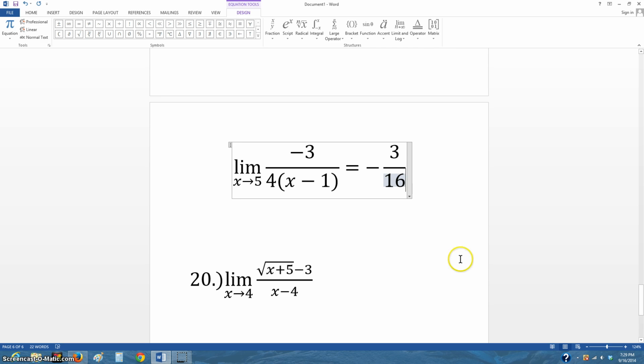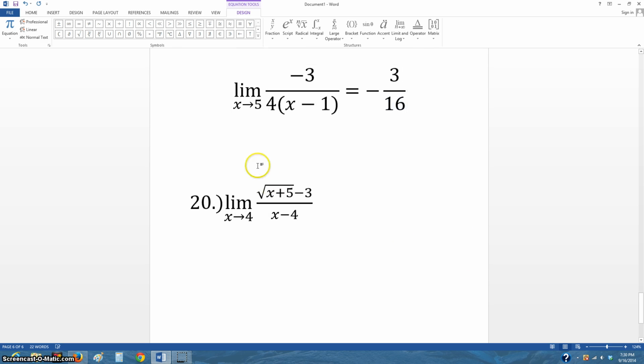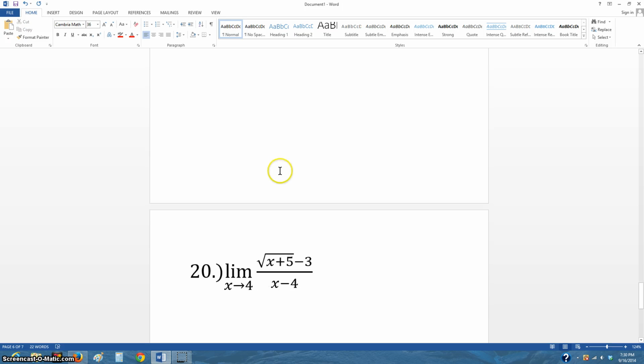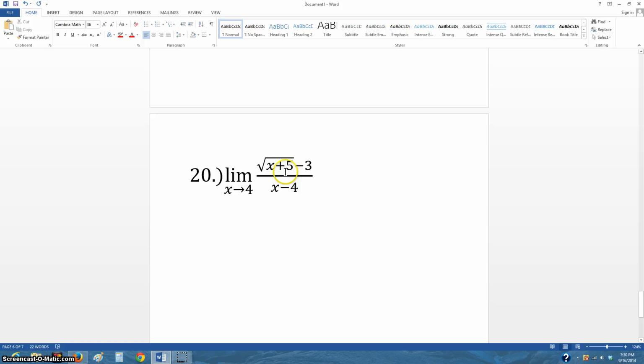Okay, let's look at number 20. Number 20, the limit of the square root of x plus 5 minus 3 over x minus 4 as x approaches 4. If you use direct substitution, it's not going to work because it gives you division by 0.